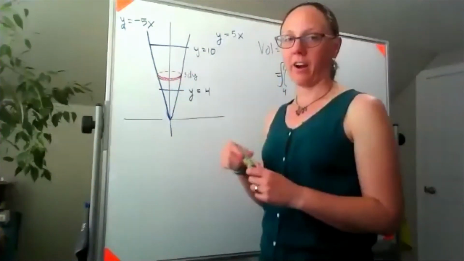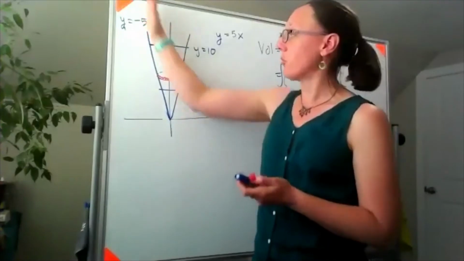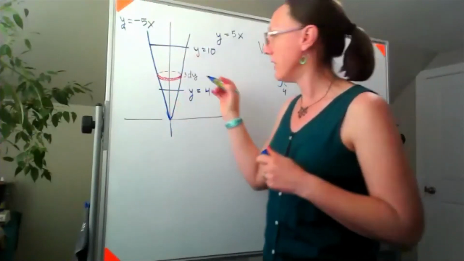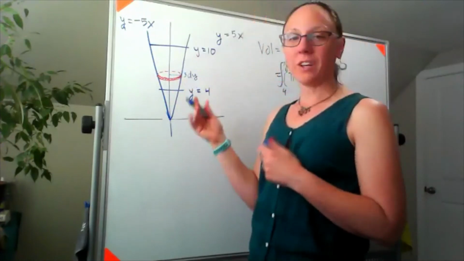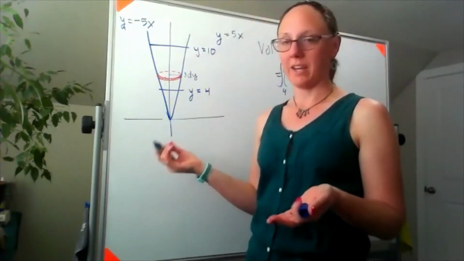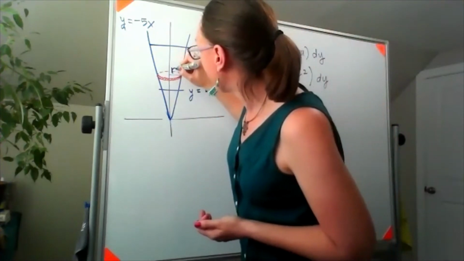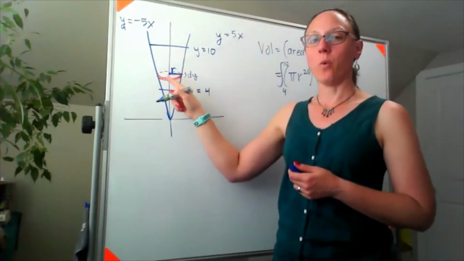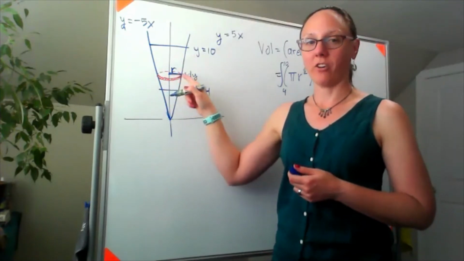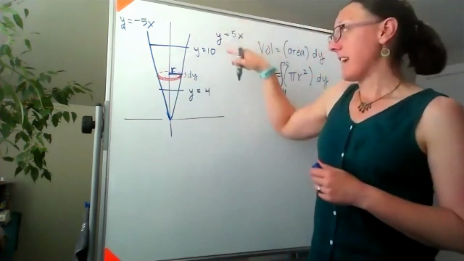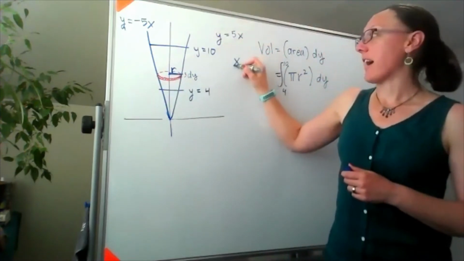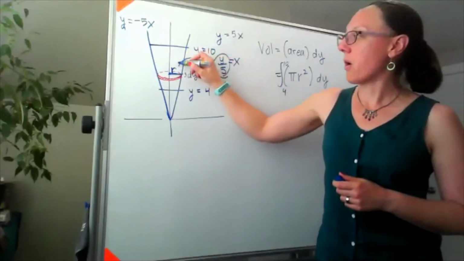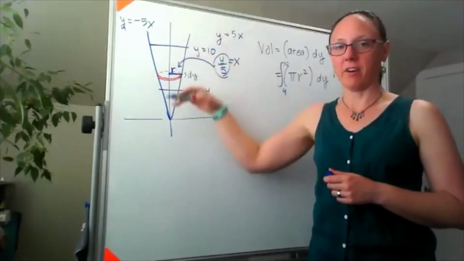Although I gave us both y equals negative 5x and y equals positive 5x, I only need one of those to come up with the radius. The radius in the picture is not the y value, it's actually the x value. If I take y equals 5x and rearrange that to x equals y over 5, that will correspond to the radius at any given height.